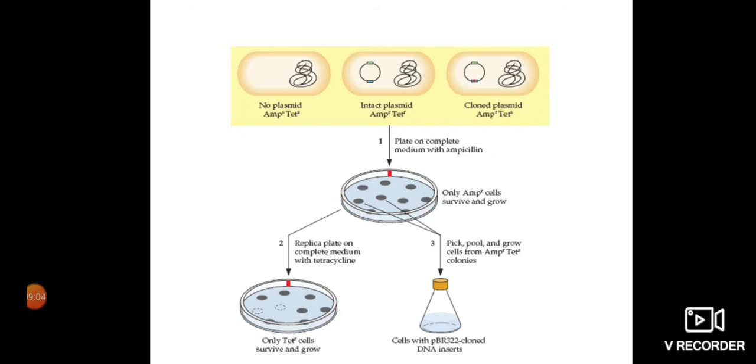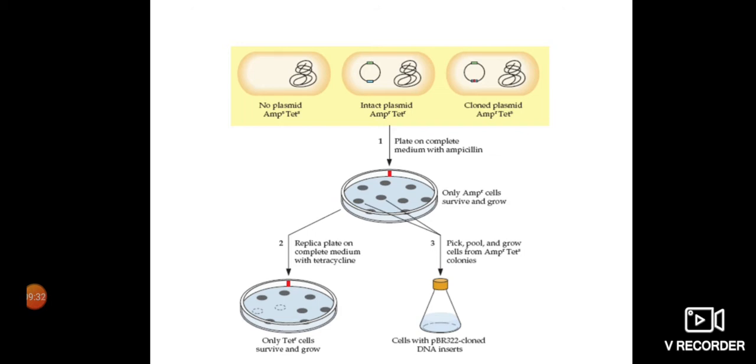We know that the cell which did not get transformed cannot grow because it is sensitive to ampicillin, whereas the cells which got transformed with only the recombinant DNA and with only the vector, both these cells are going to grow on this particular medium. Now our job is to differentiate and select those cells which have got our target DNA in them.